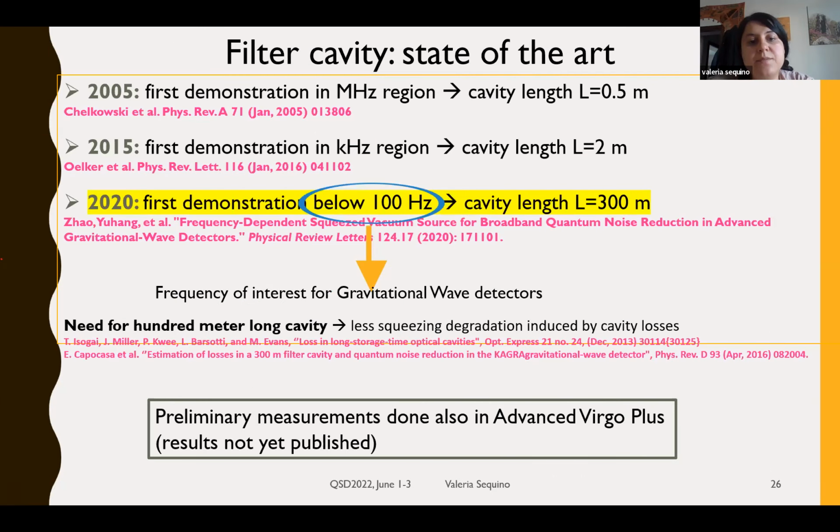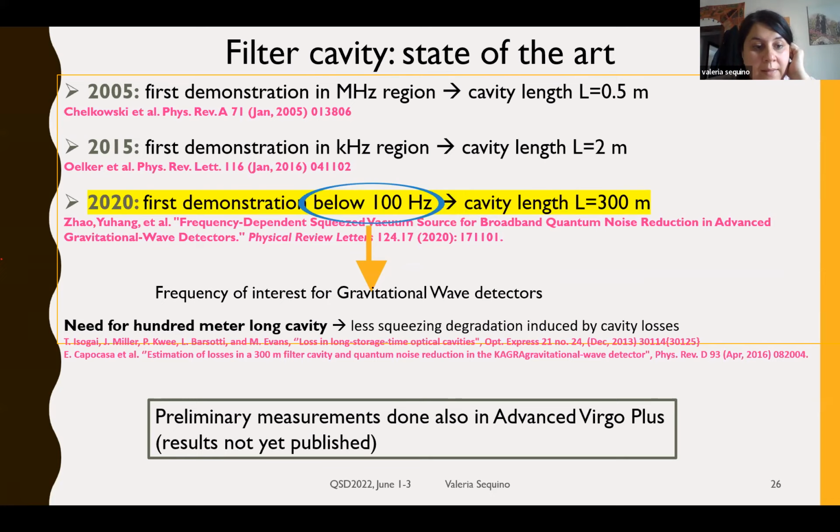This technique has already been tested in the past. The first demonstration was done in the megahertz region in 2005 using a cavity half a meter long. Ten years later, there was the first demonstration of this technique in the kilohertz region using a cavity 2 meters long.